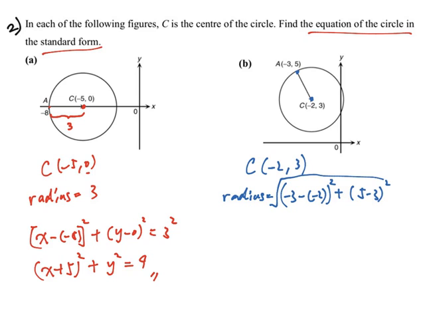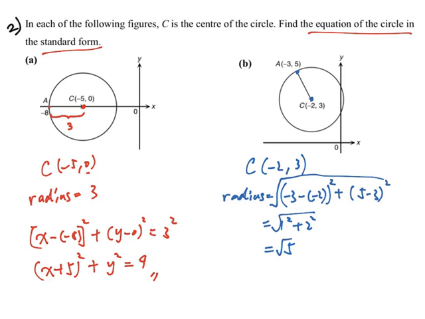Take square roots. So we get 1 squared plus 2 squared under the square root. Remember, place the number inside the square root, so we get the square root of 5. So square root of 5 is the radius.